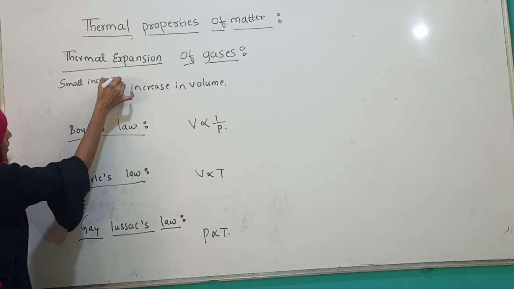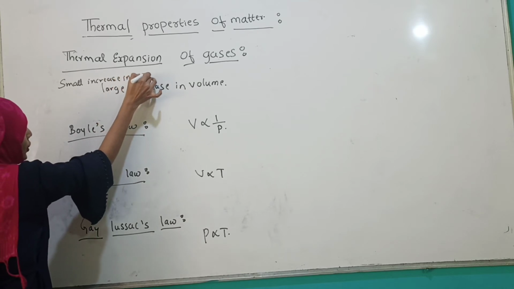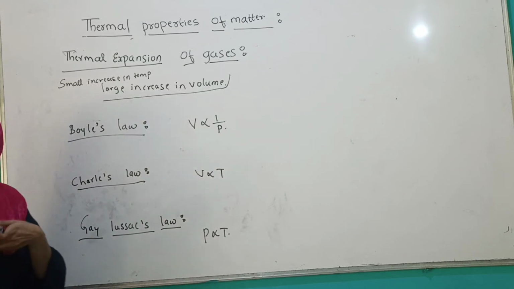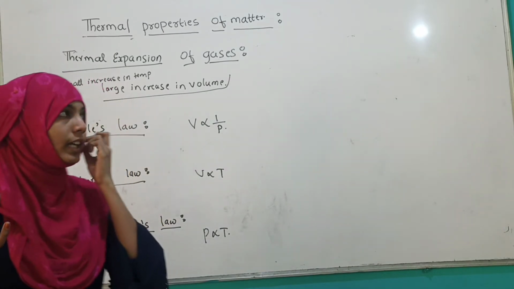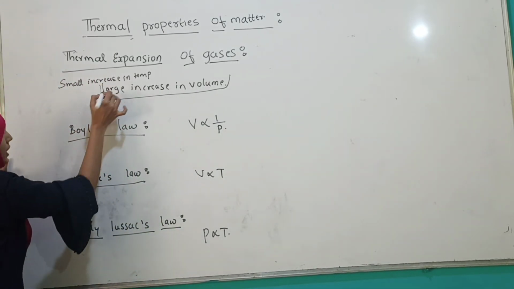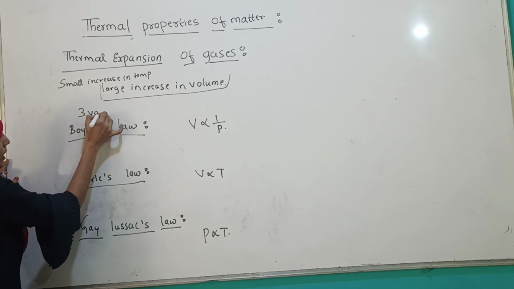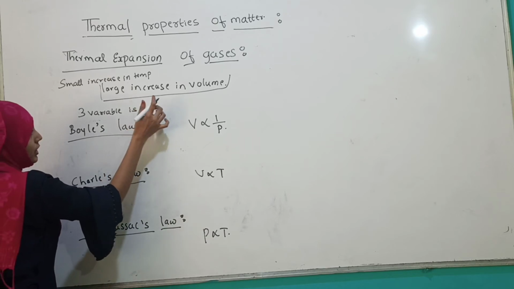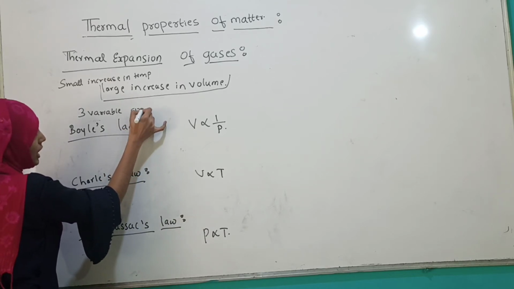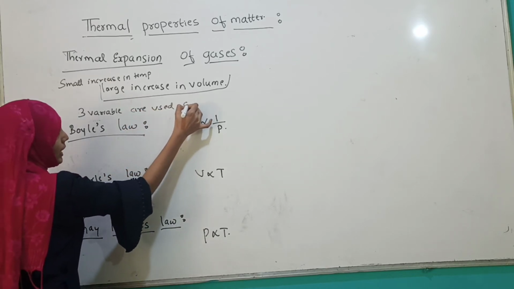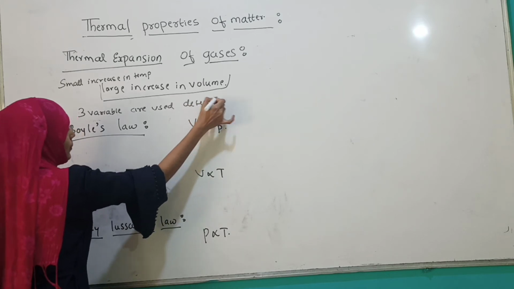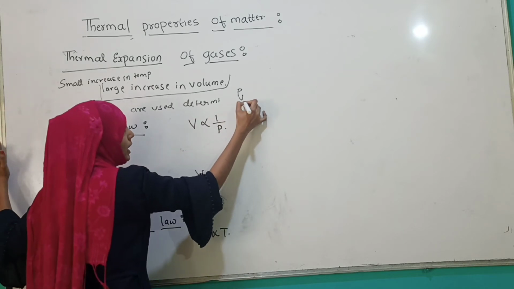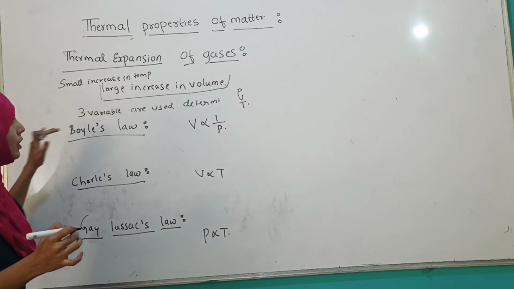Increasing temperature gives a large increase in value as compared to solids and liquids. Here three variables are used to determine the relation: pressure, volume and temperature.